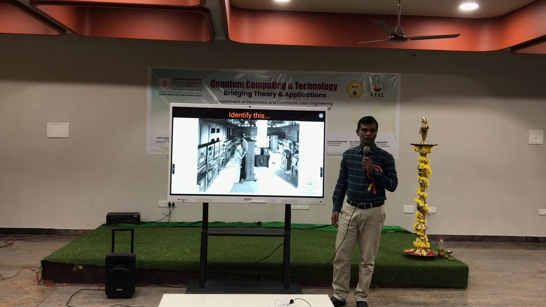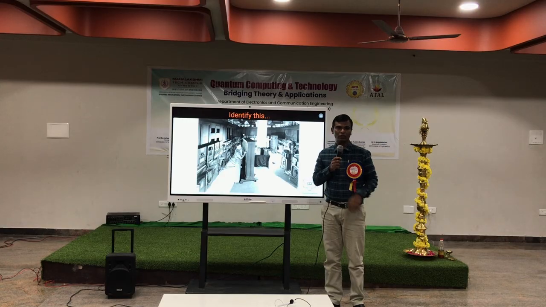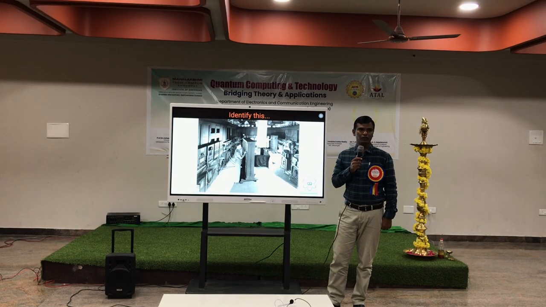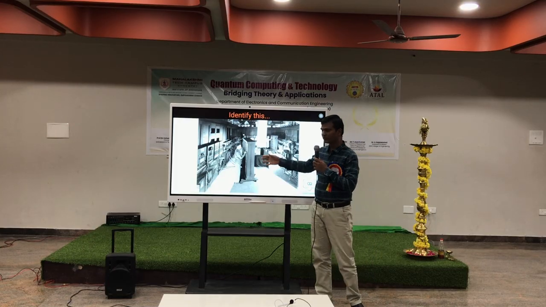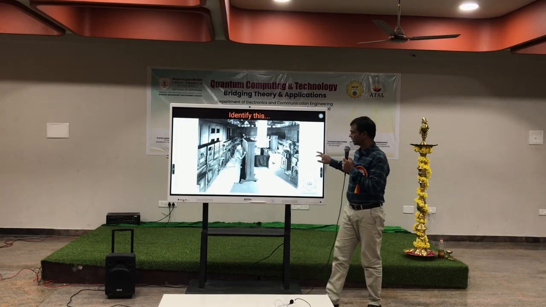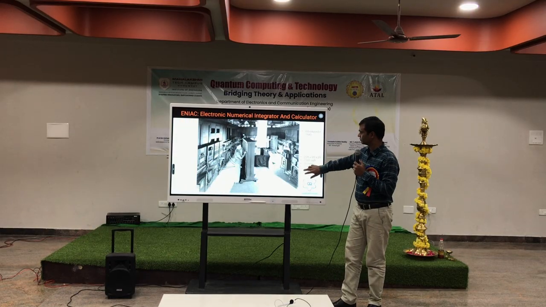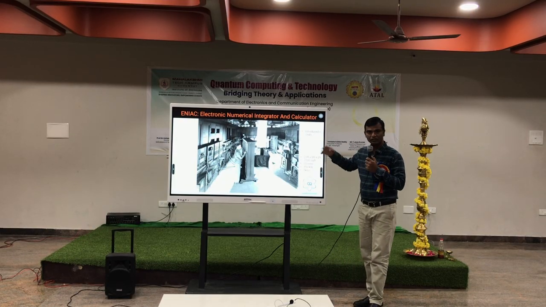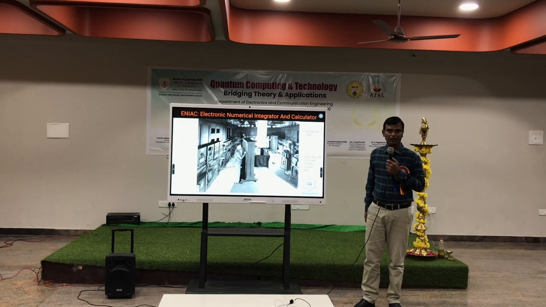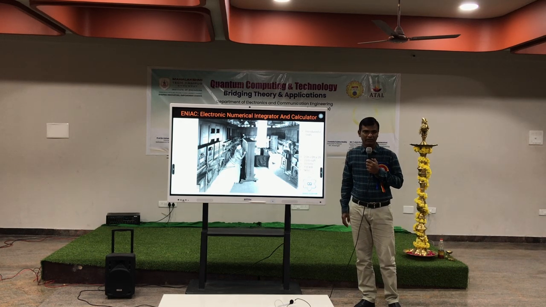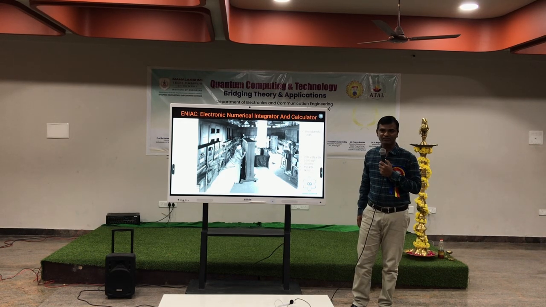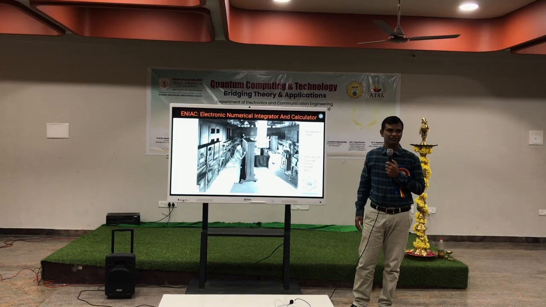If you go 80 years back or 100 years back, how the normal computer, that means what we are using, looked: it is the size of this one. This was introduced in 1945 by IBM, because IBM is the inventor of these computational machines.